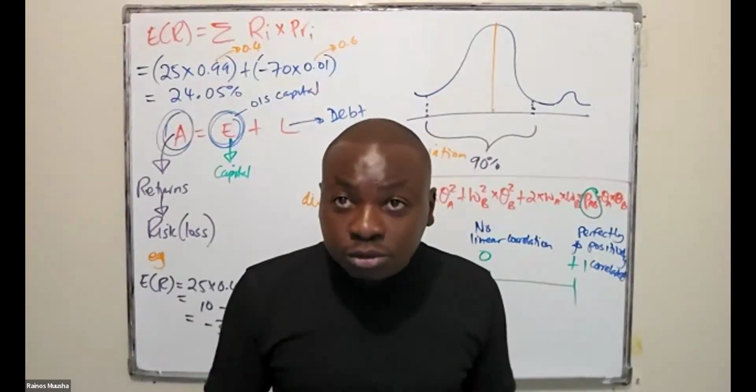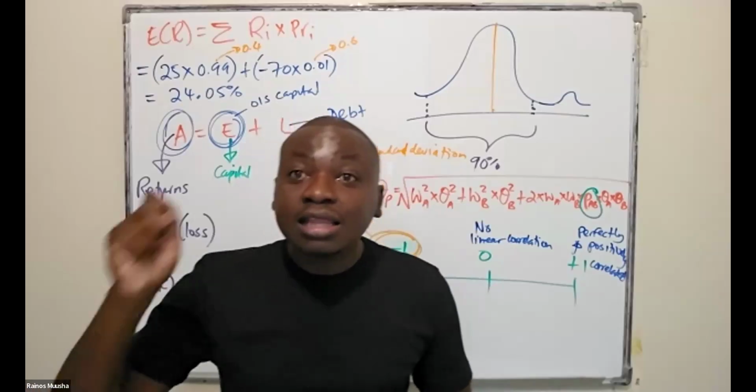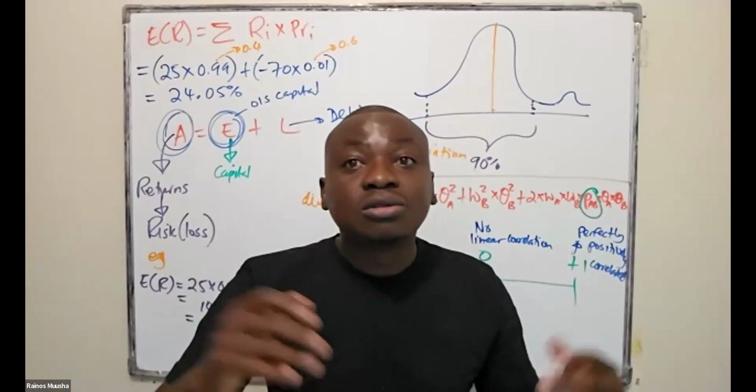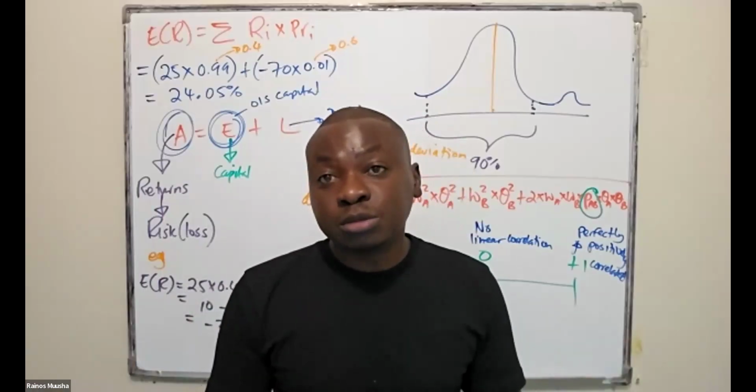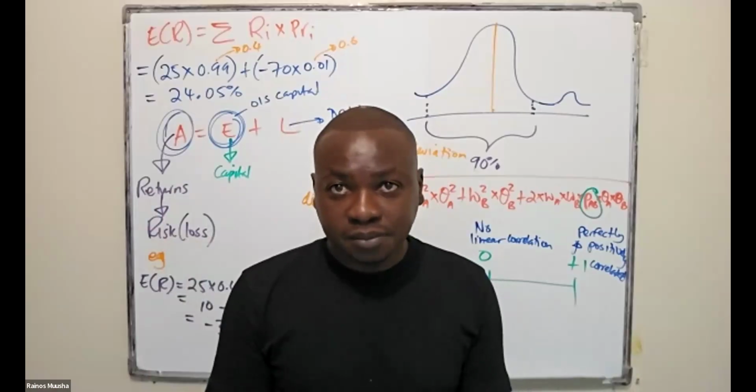So if they give you this question in the exam, most likely they'll give you a case study, and from it, they'll ask you to discuss the 5 types of risk management failures as they relate to the case study.